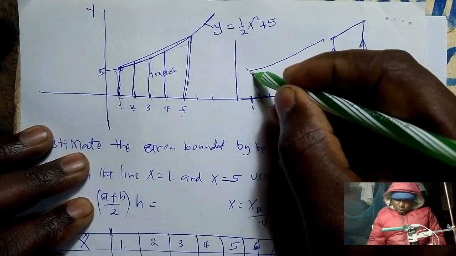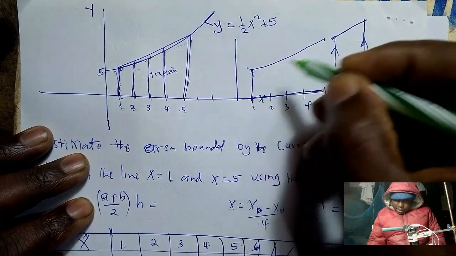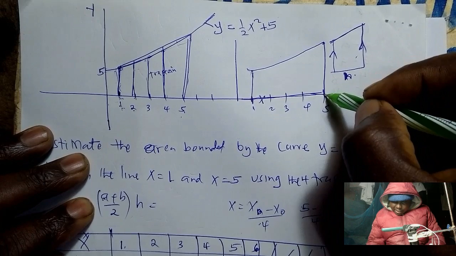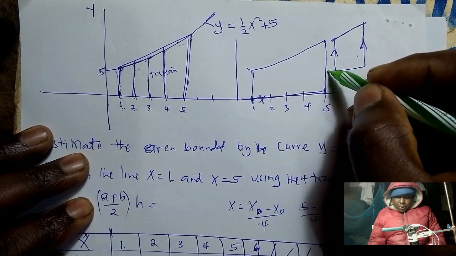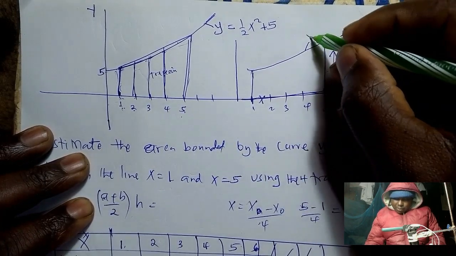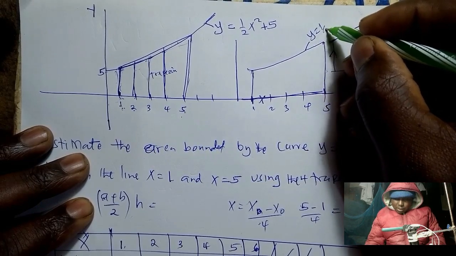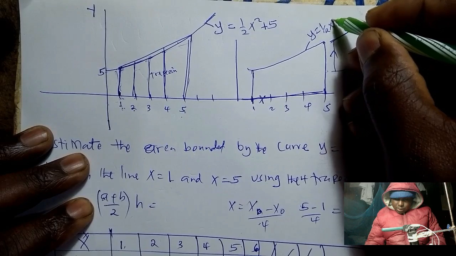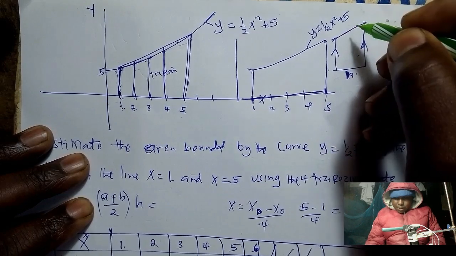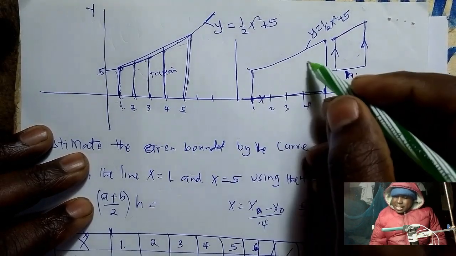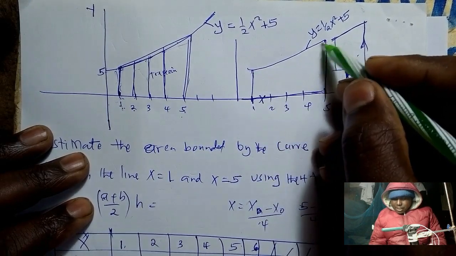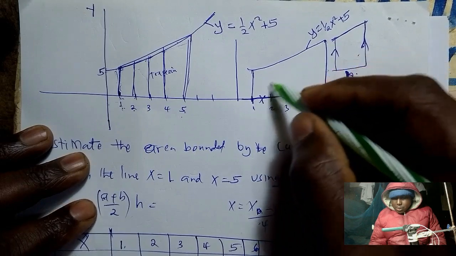When you draw a line here, the way it is starting and the way it is ending, this forms a trapezium. So this is the curve y is equal to a half x squared plus 5. I can calculate the area of this, assuming that this one is a trapezium.